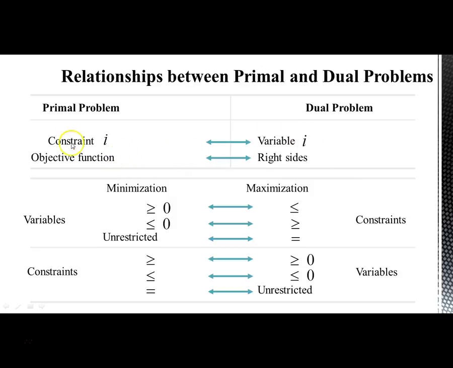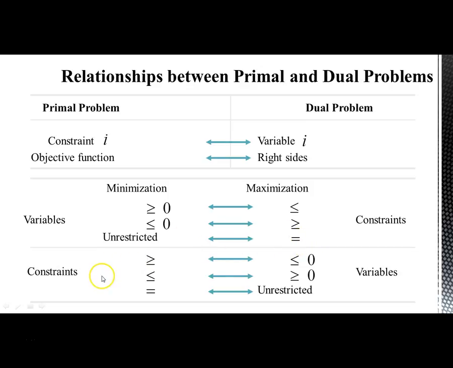The objective function coefficients will go to the right hand side of the constraints of the dual problem. If it is a minimization, it will be a maximization in the dual. If the variable is greater than or equal to 0, it will be a less than or equal to constraint. If the variable is less than or equal to 0, it will be a greater than or equal to constraint. If it is unrestricted, it will be an equality constraint.